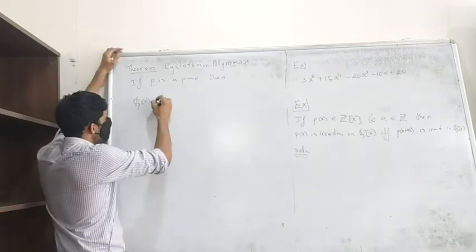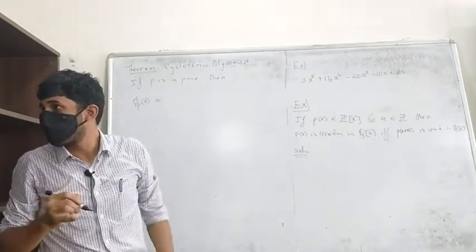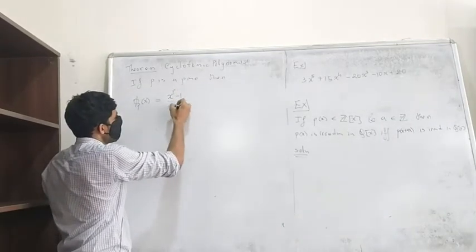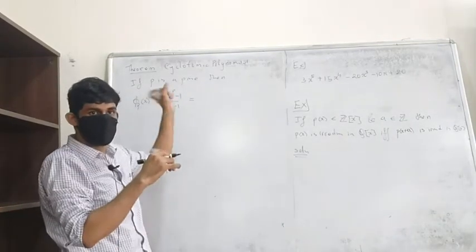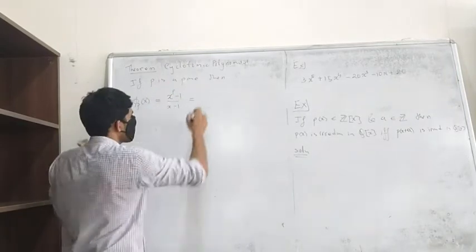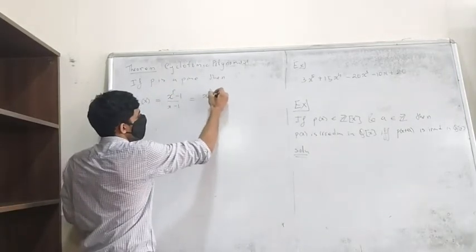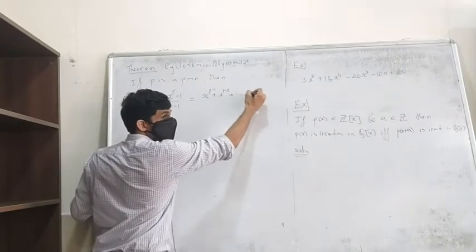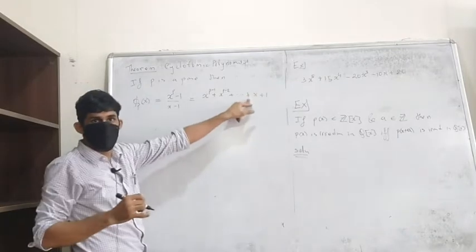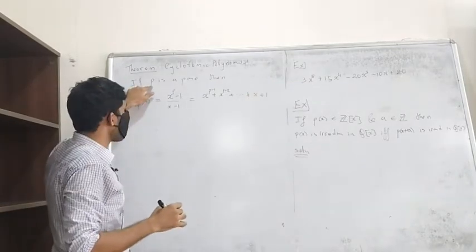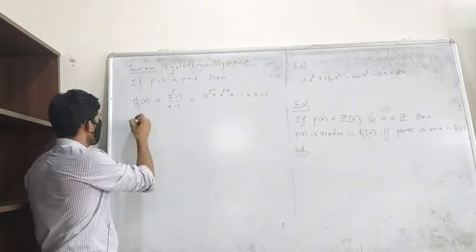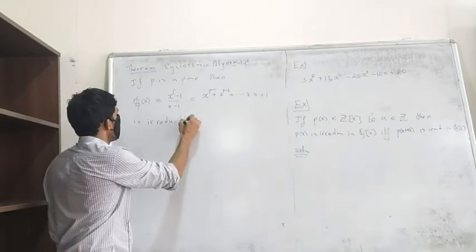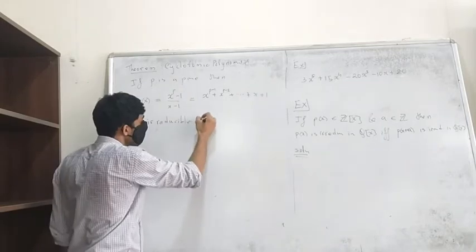Phi p of x equals x raised to p minus 1 upon x minus 1, which if you expand is nothing but x raised to p minus 1 plus x raised to p minus 2 plus up to x plus 1. If p is a prime, then this is irreducible in Q of x.